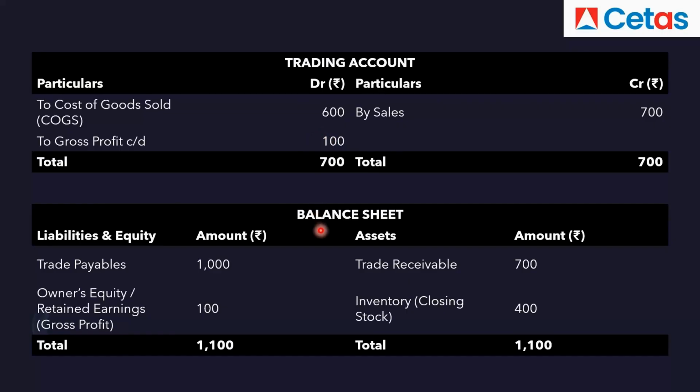Now, the balance sheet shows inventory or closing stock worth rupees 400, trade receivables or accounts receivable worth rupees 700, accounts payable of rupees 1000, and the gross profit which is carried down from the trading and the profit and loss account for rupees 100.